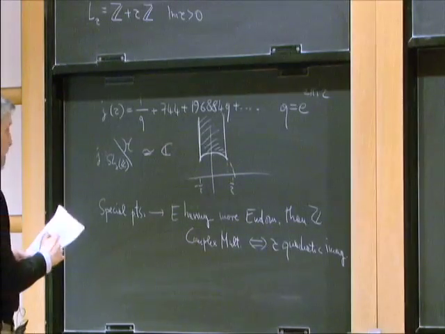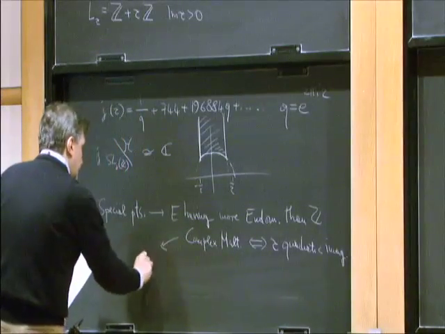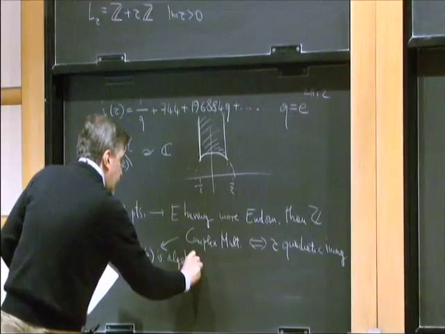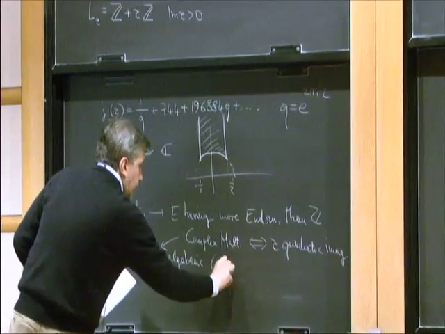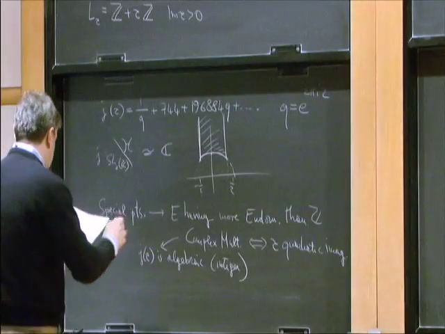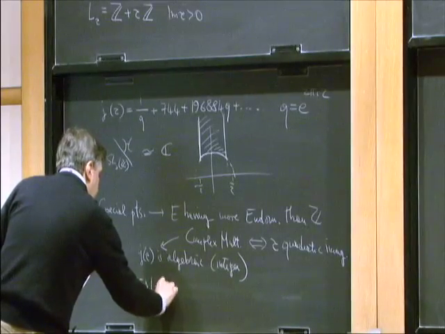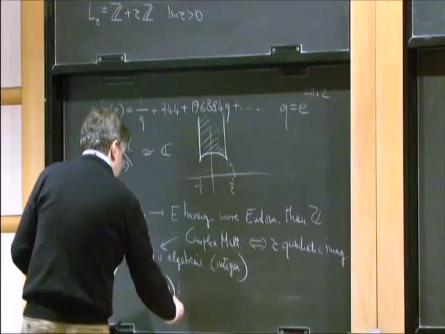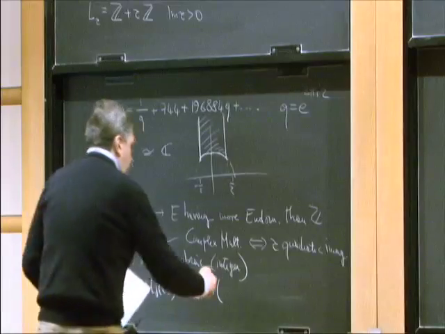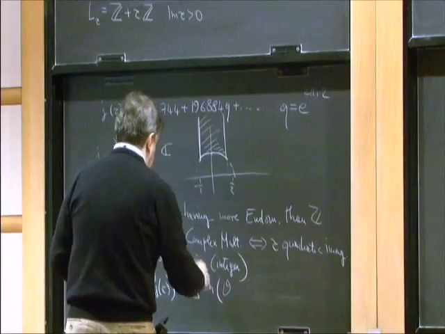The values of j of tau in these cases: j of tau is algebraic, and actually an algebraic integer. And the last thing I recall now is that the degree of j of tau over Q is equal to the class number of the ring associated to the lattice L tau.